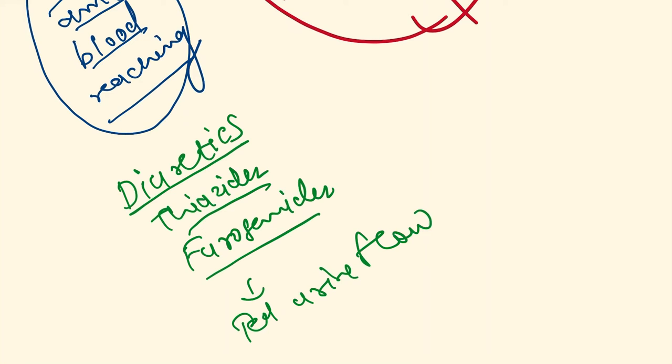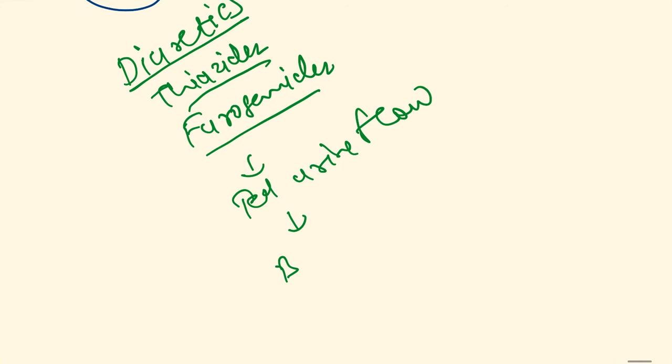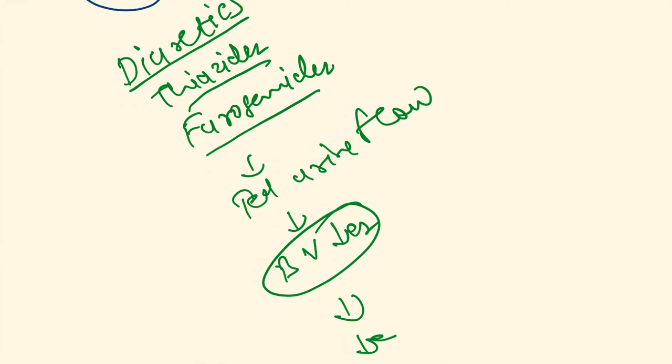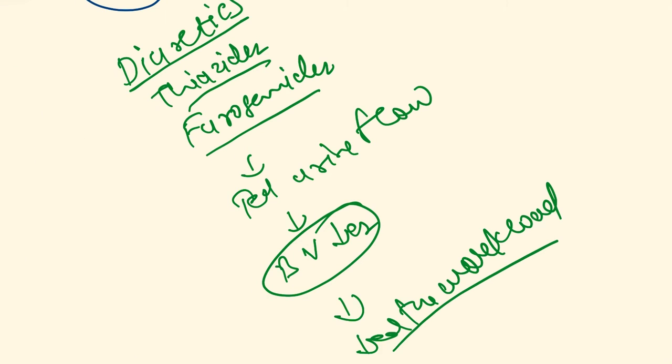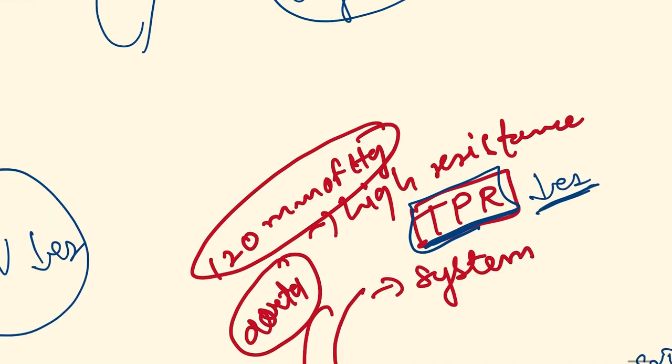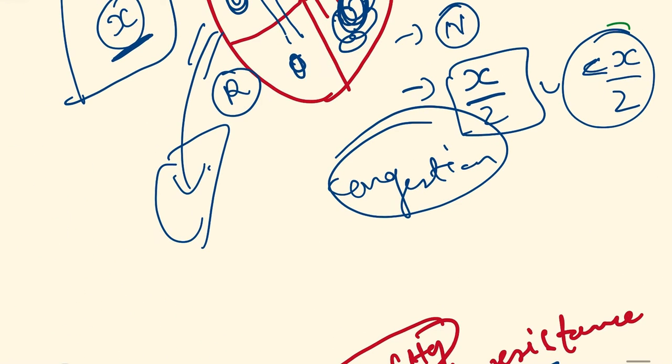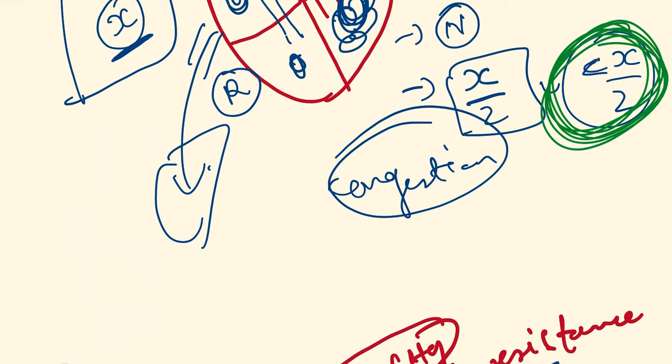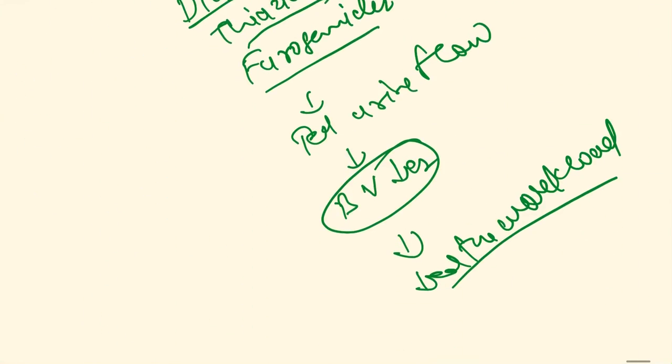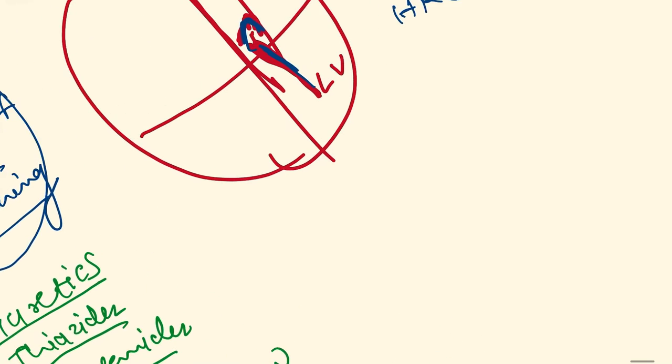As a result, blood volume will decrease, ultimately decreasing the workload of the heart. This will also help in decreasing the congestion. I've already told you that in this condition our heart is unable to pump the blood fully, so there will be blood left inside the heart. For this also, diuretics will help us.